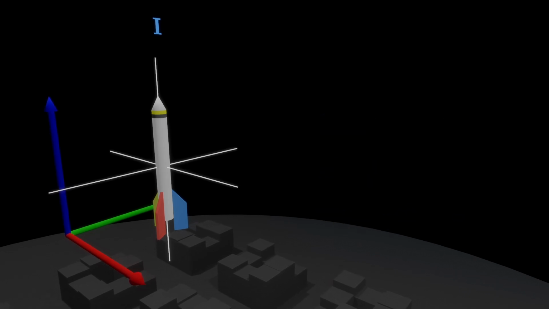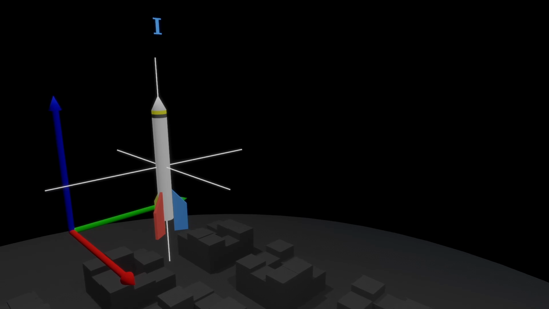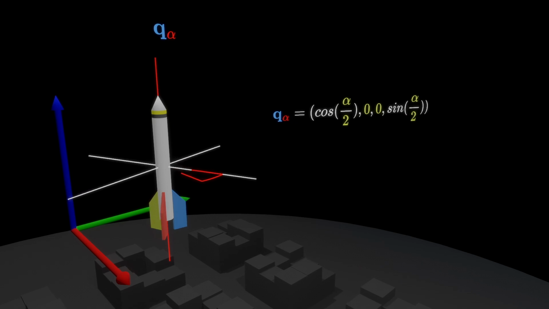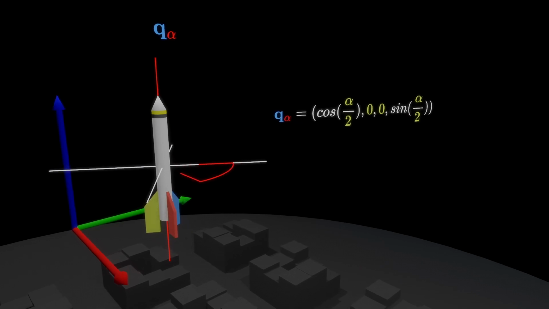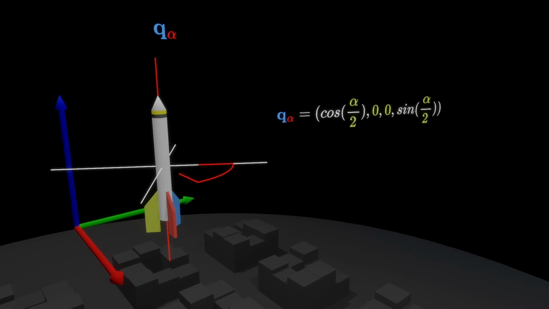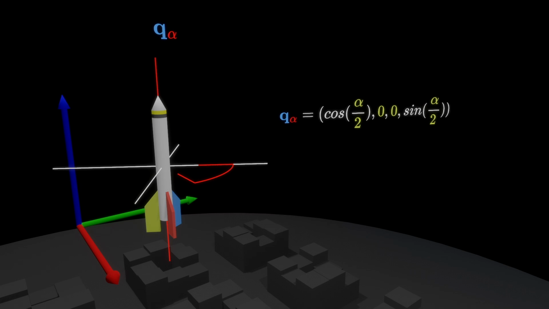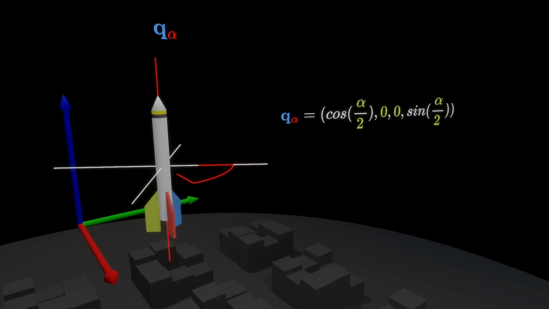I use ZYZ Euler angles and angle sequence alpha, beta and gamma. So we start with identity quaternion and multiply it by quaternion that rotates around z by alpha. Left or right doesn't matter here. It's the same thing for identity quaternion. Guess why? Because local and global reference frames are aligned if you don't have any rotation.